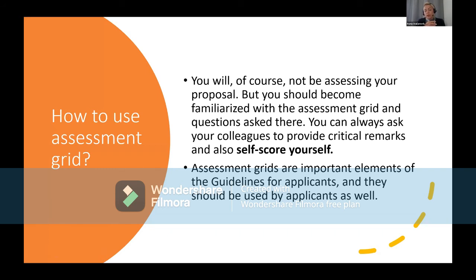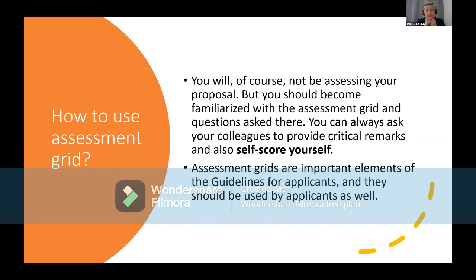In the guidelines for applicants, you are informed about the questions that will be asked by the assessors and evaluators while they are reviewing your concept note. So you should be aware of that, and everything is in that sense transparent to everyone.